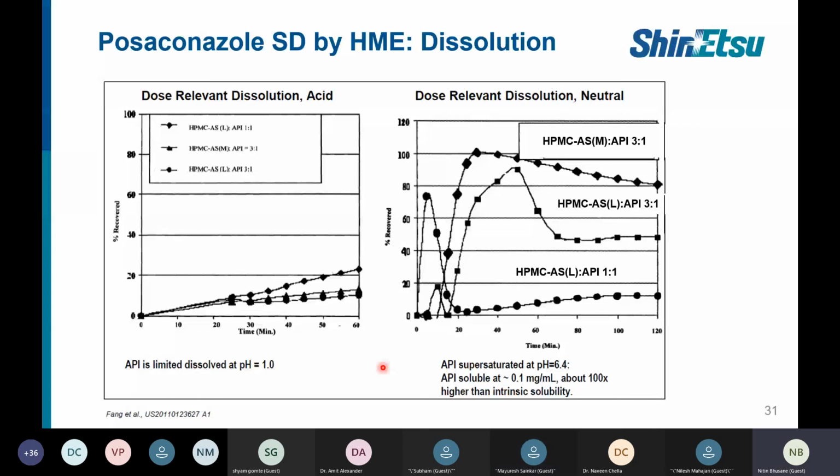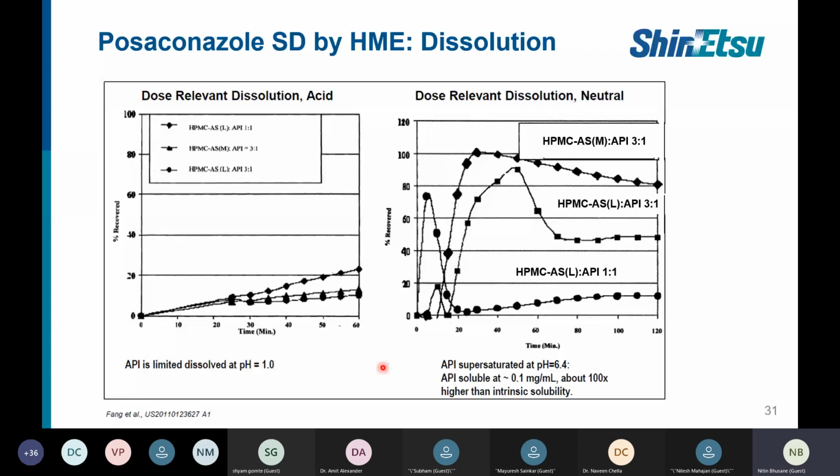Then they checked for dose-relevant dissolution in acidic media with a drug to polymer proportion of 1 part drug and 3 parts polymer. The API is only limitedly dissolved at pH 1, whereas at pH 6.4 you get very good results with both the AS-M type at 3:1 and the AS-L type at 3:1.